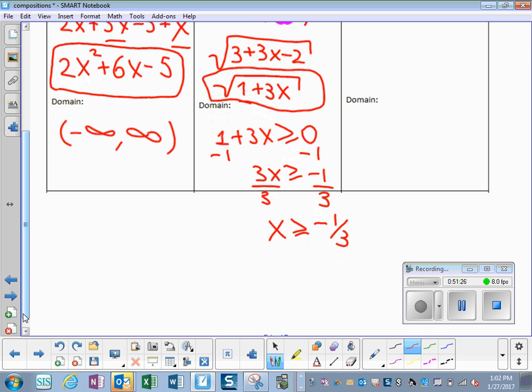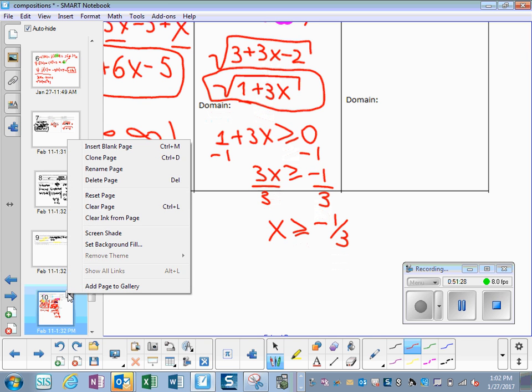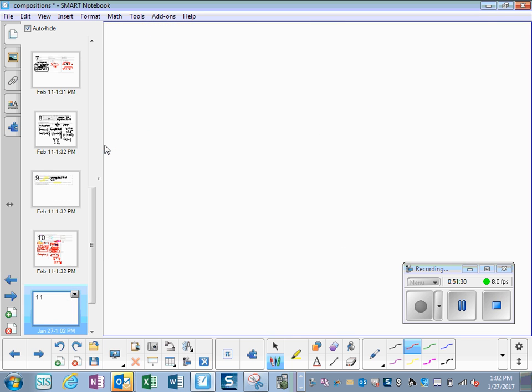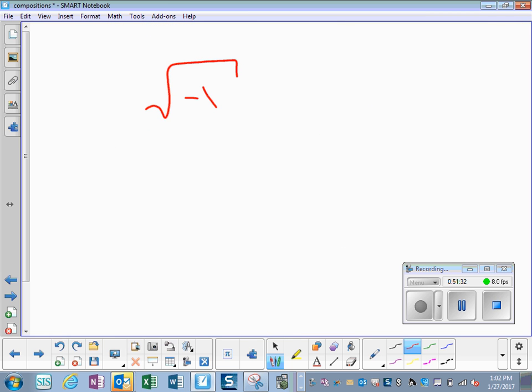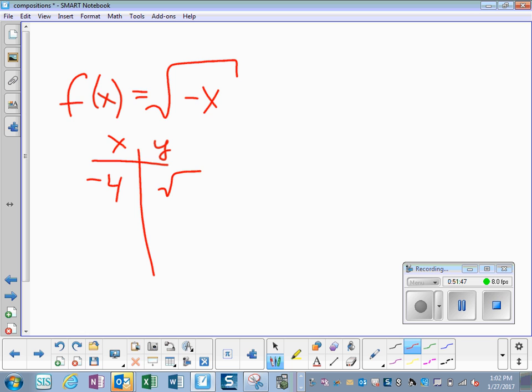What if I give you this example? What if I had square root of negative x? This is my f of x. If x is negative 4, then my f of x will be what? Square root of negative 4, which is just square root of 4, which is 2.